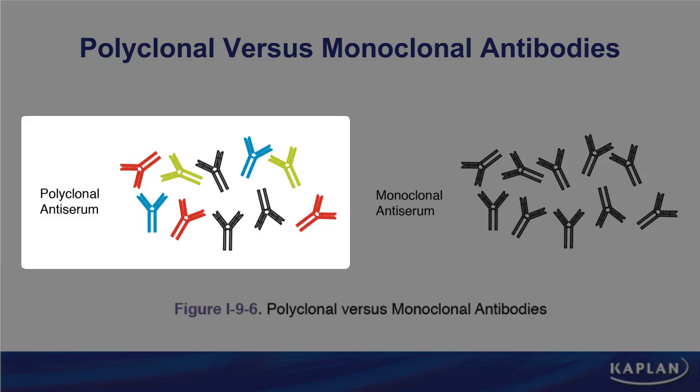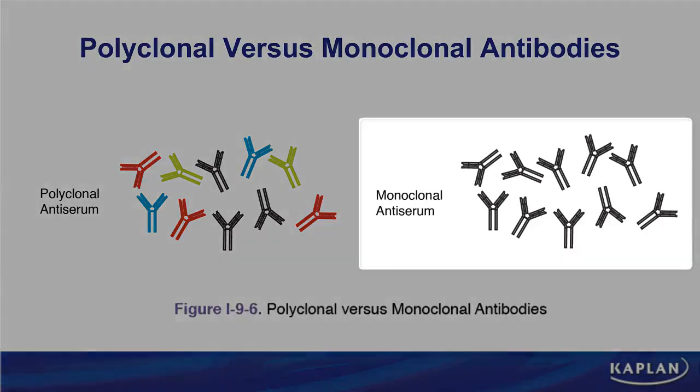If you make an immune response or antiserum against any given pathogen, there's not just one antigen on that pathogen, there are multiple antigens. So for every infection that we get, we develop polyclonal antiserum to that particular infection. Polyclonal is capable of binding to lots of different antigens. Monoclonal, just one, so one specificity.